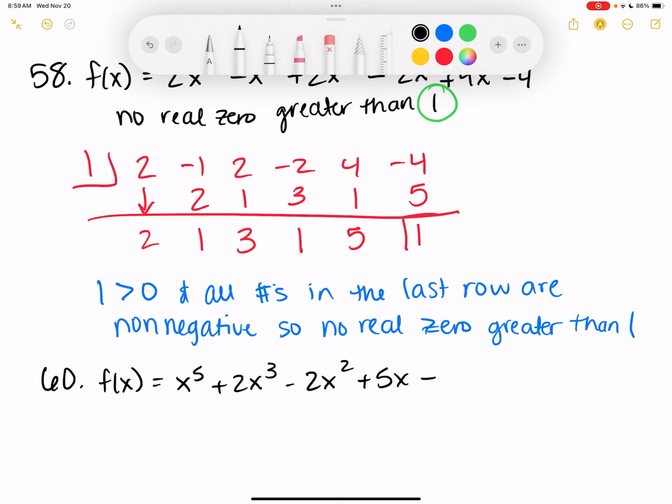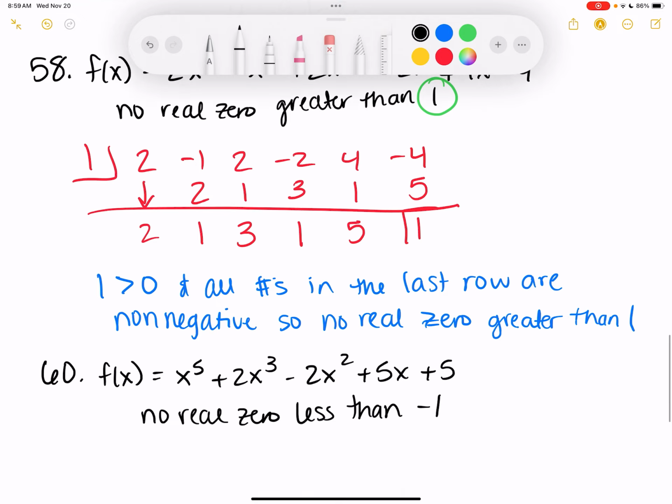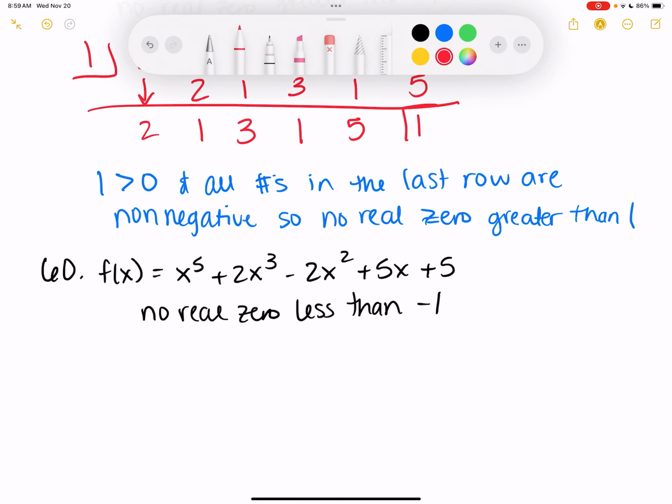Now, 60, f of x equals x to the 5th plus 2x cubed minus 2x squared plus 5x plus 5. And it says no real zero less than negative 1. So, negative 1 is what goes in synthetic. Now, notice x to the 4th is missing, so I'm going to be putting in a 0 there.